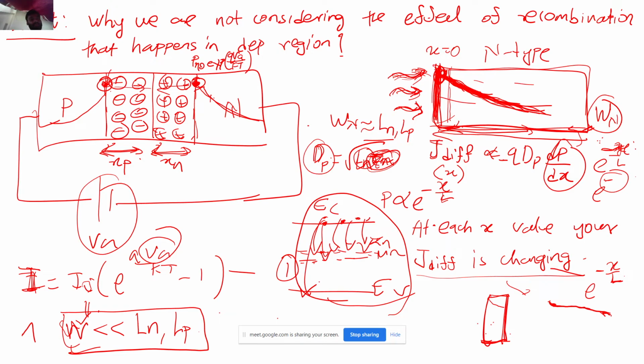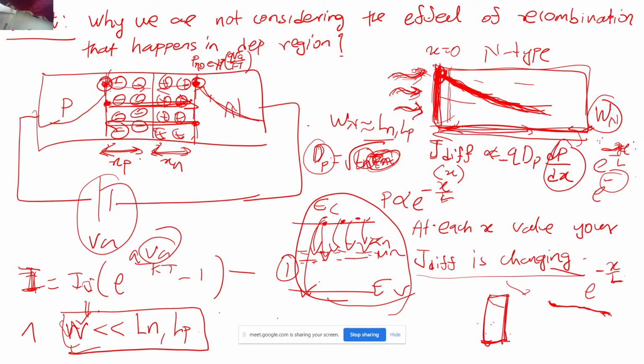Whatever carrier injection happens from the P side to the N side, and from the N side to the P side, they are not getting enough time to recombine because the width of the depletion region is very small. If this assumption holds true, there is not going to be a very high recombination present over there.